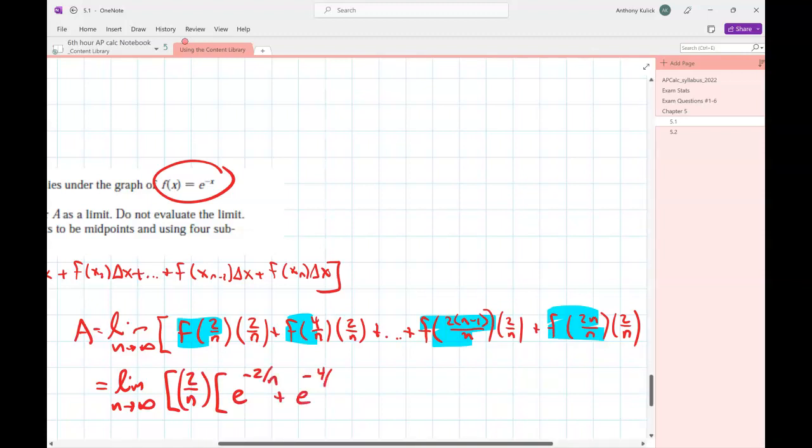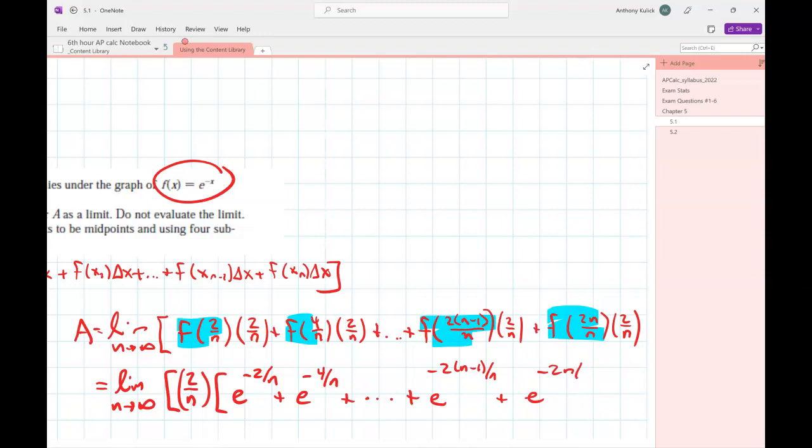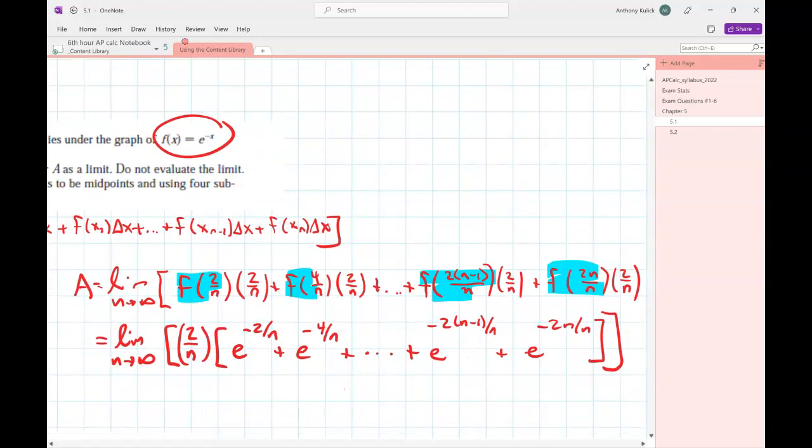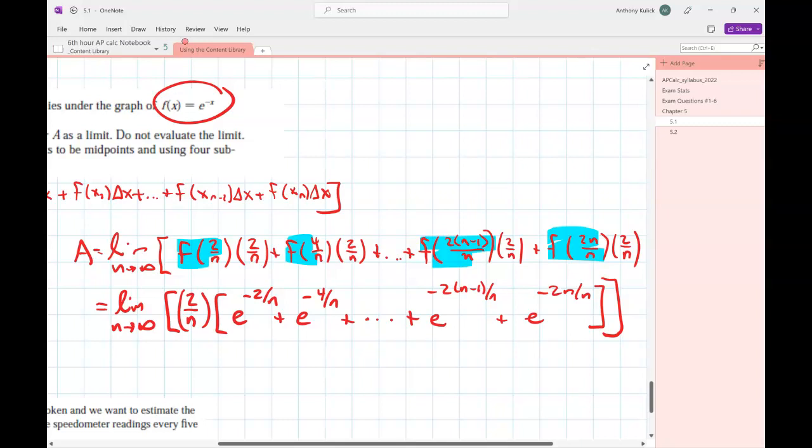So I'm going to just factor out the 2 over n. And I'd say at this point, you guys would be good to stop, because now I have an expression in terms of just n. Is everybody okay with this?